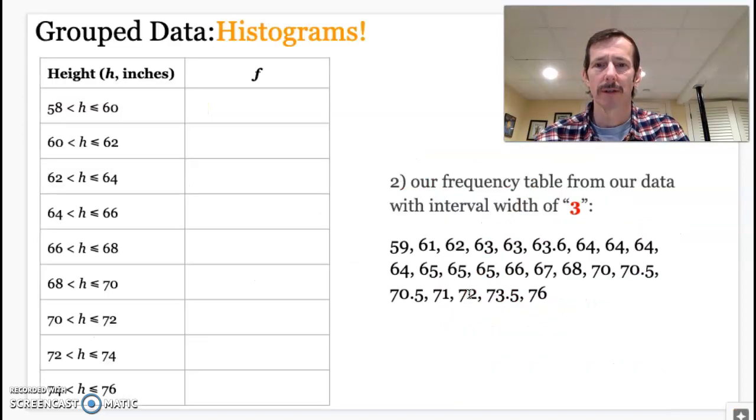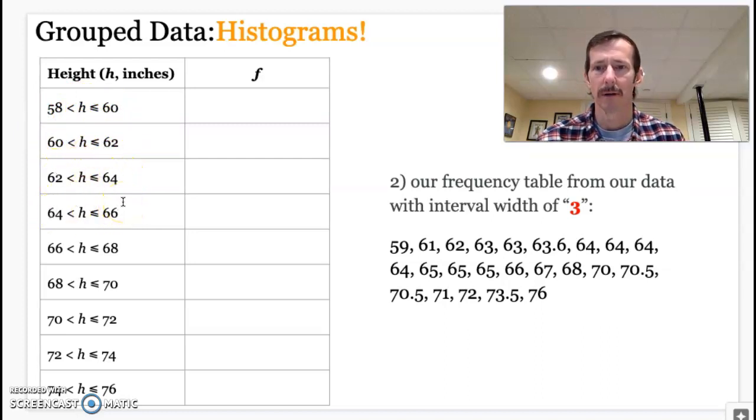So initially here, I have decided to make my interval width 3, which I've highlighted right here. So that means over here from 58 to 60, so 58, 59, 60, that's why it's 3, and they all have to be the same width.